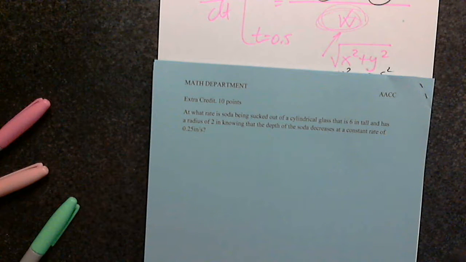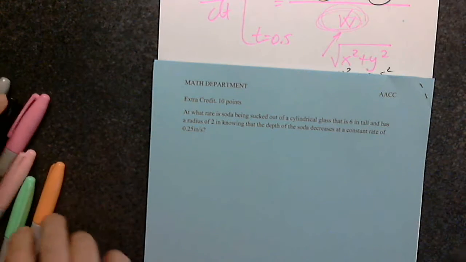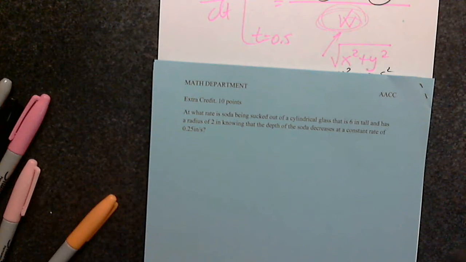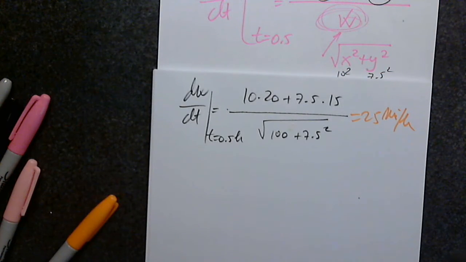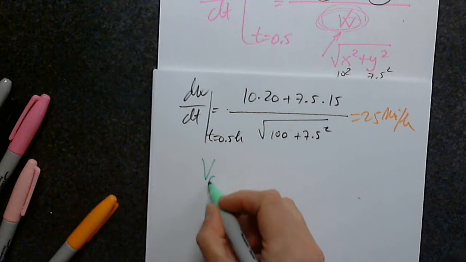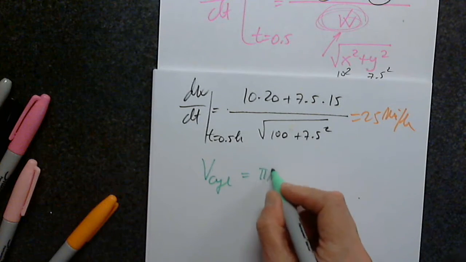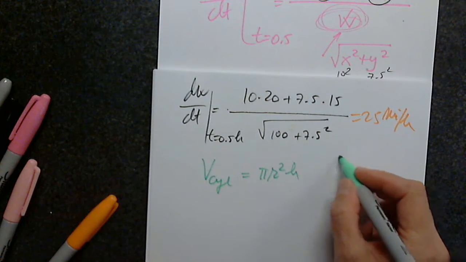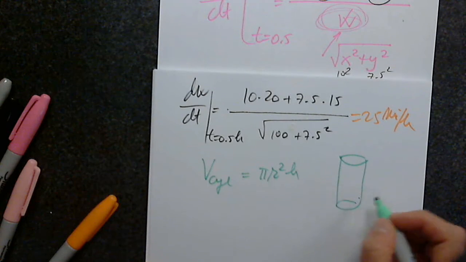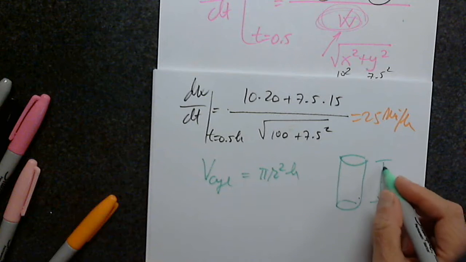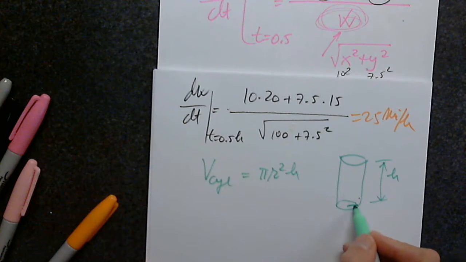Anyone remembers, we talked about that last time, anyone remembers the volume of a cylinder? Very good, awesome. So that's our starting point. The volume of a cylinder, pi r squared h, where this is the height and this is the radius.